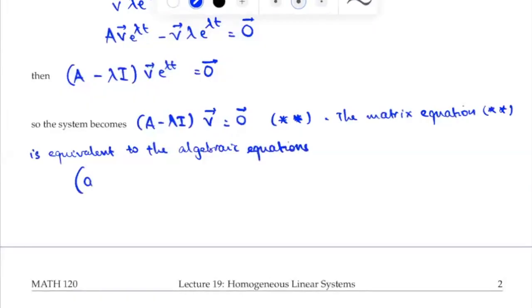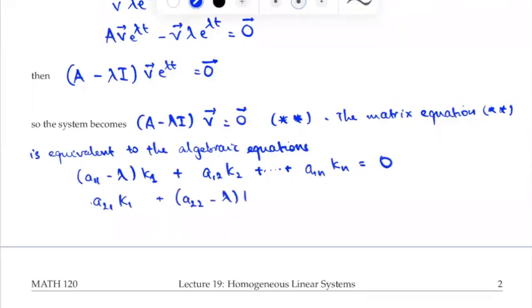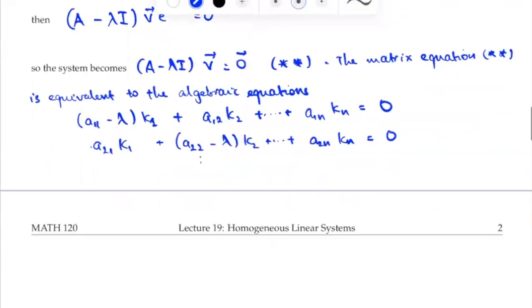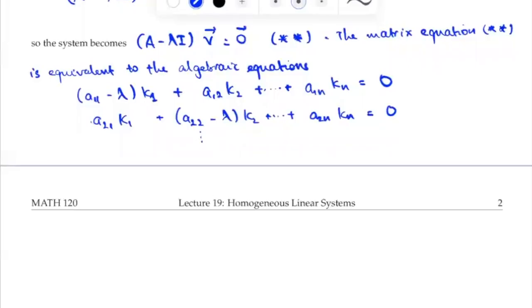That is, you have a11 minus lambda times k1 plus a12 times k2, and so on, up to a1n times kn equal to 0. And then you have a21 times k1 plus a22 minus lambda times k2, and so on, up to a2n times kn equal to 0. And we do this for n equations. So you have an1 times k1 plus an2 times k2, up to ann minus lambda times kn equal to 0.